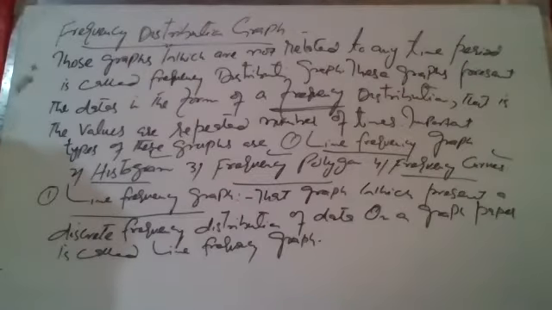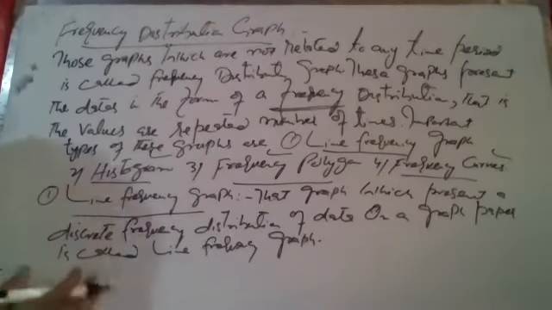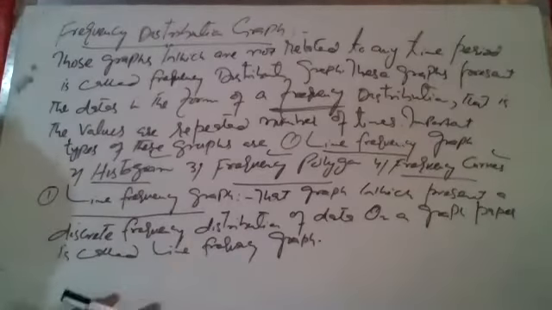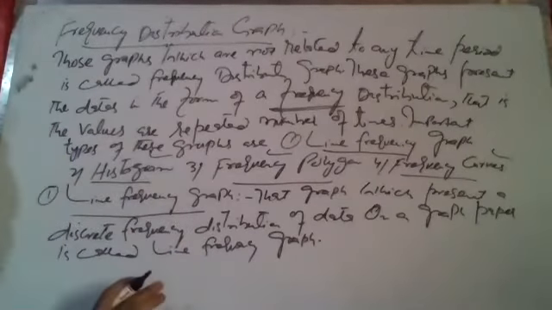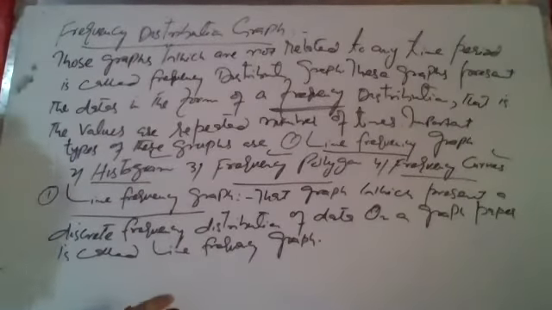In this graph, the values of variable are shown on x-axis and their frequency is shown on y-axis. So when values are discrete and every value has its frequency, then we plot it on a graph paper.